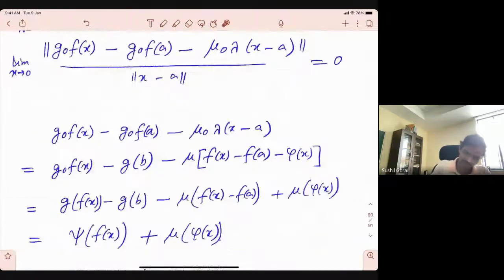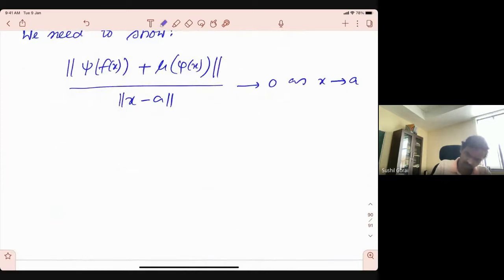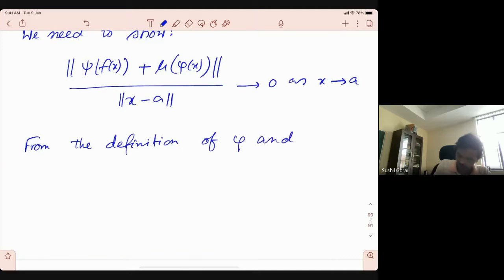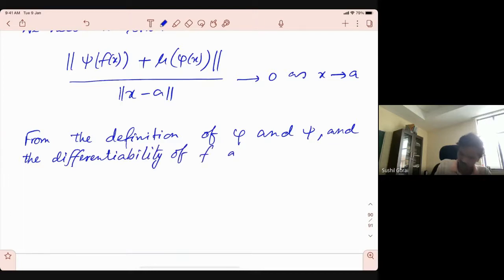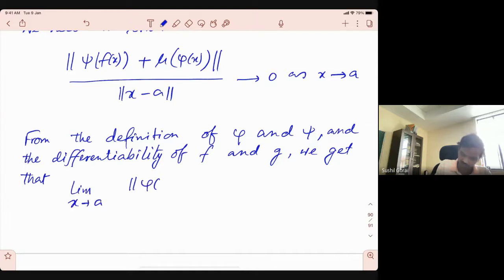Now from the definition of phi and psi, and the differentiability of f and g, we get that the limit as x tends to a of the norm of phi(x) by the norm of x minus a is equal to 0.